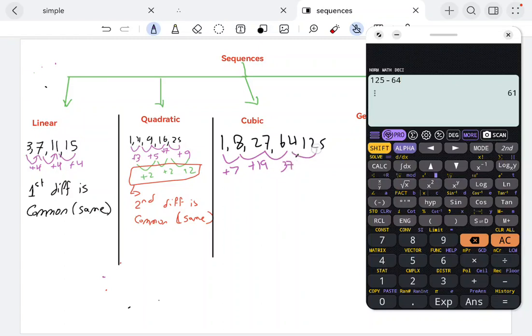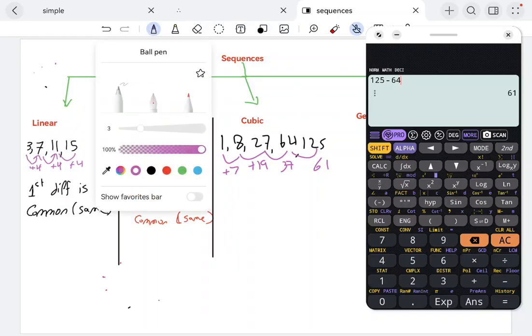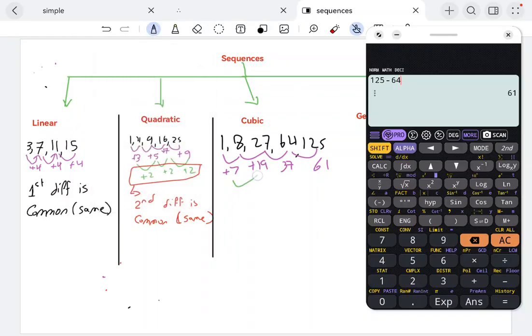37, and here is 61, and that's the first difference. Second difference, I want to get the second difference now. From 7 to 19 is plus 12. From 19 to 37, 37 minus 19 is 18, and 61 minus 37 is going to be 24.